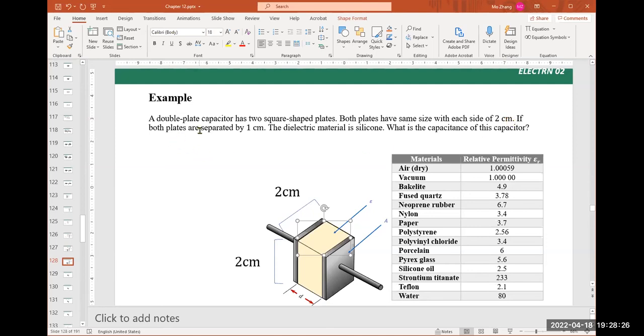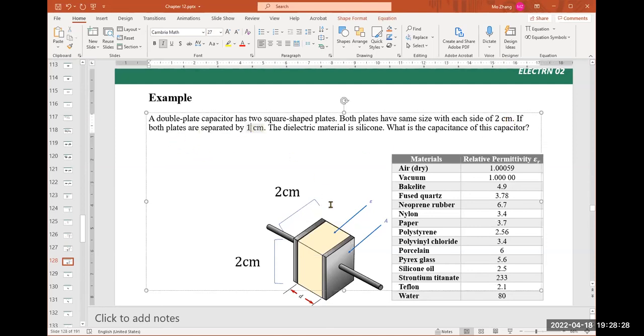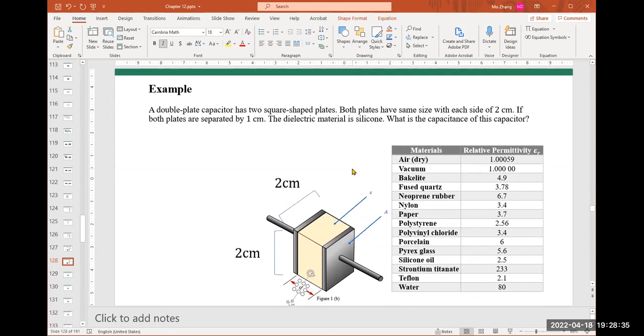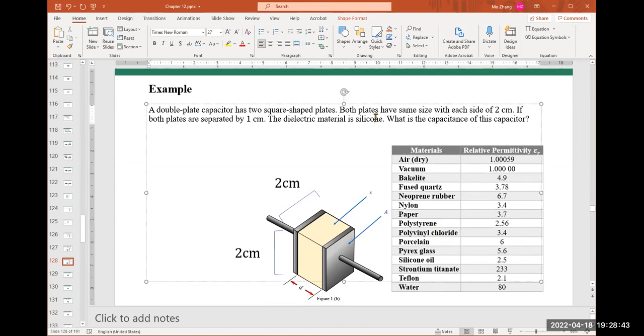The plates are separated by 1 centimeter, from this plate to that plate. And the yellow material in between the plates is silicone. We want to find the capacitance of this capacitor.